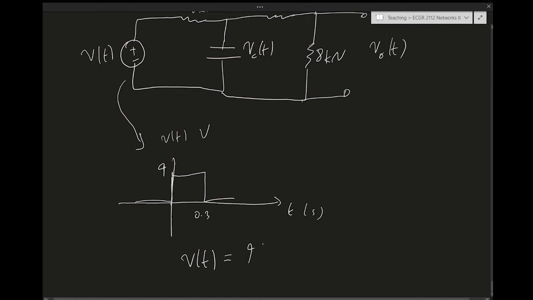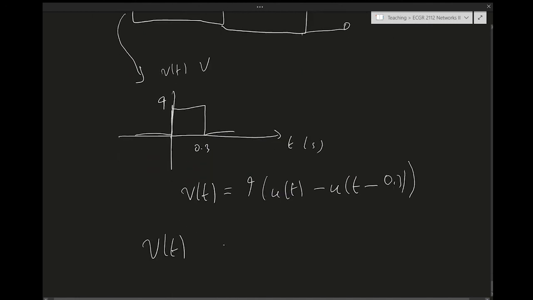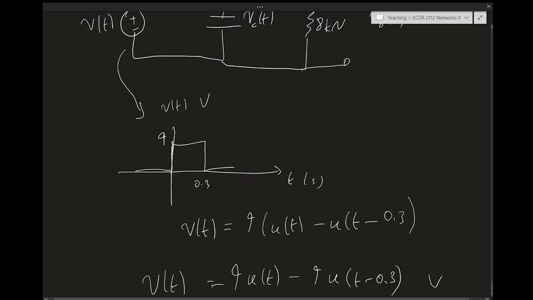It's going to be 9 times u of t minus u of t minus the period here, which is 0.3. I could write it as follows: v of t equals 9 u of t minus 9 u of t minus 0.3, in volts.